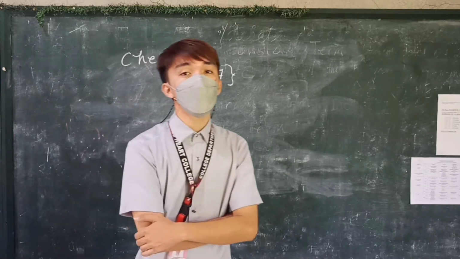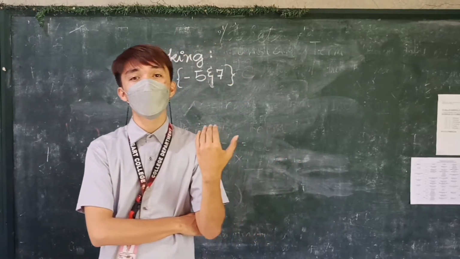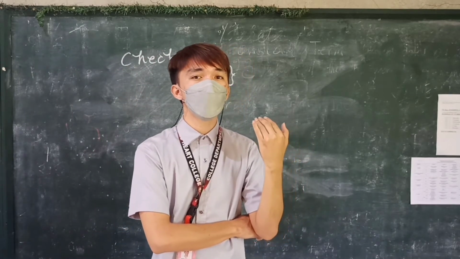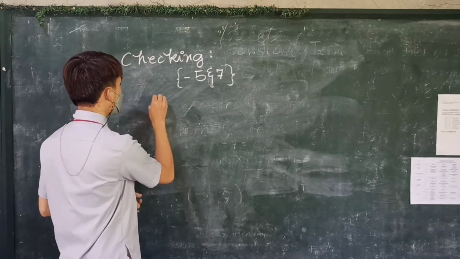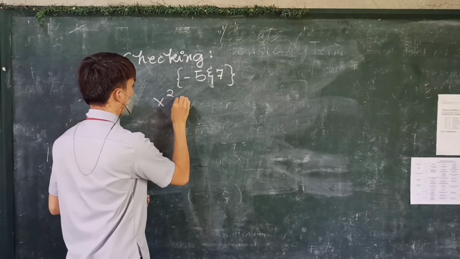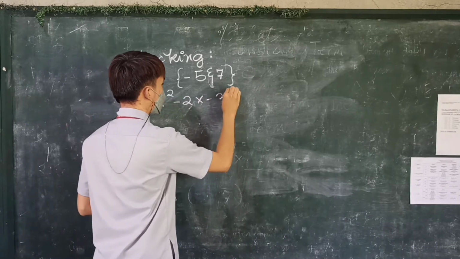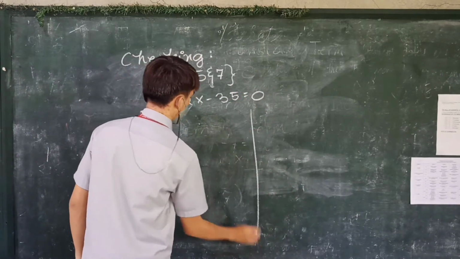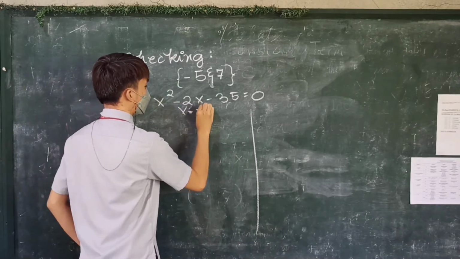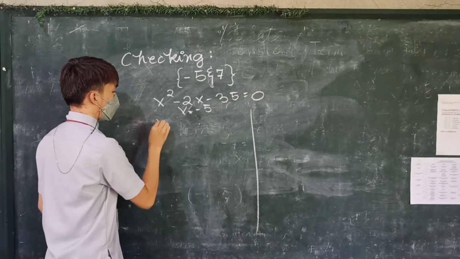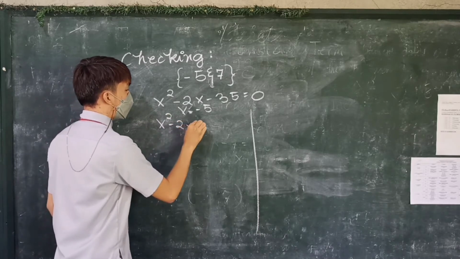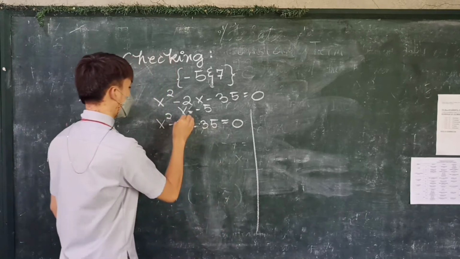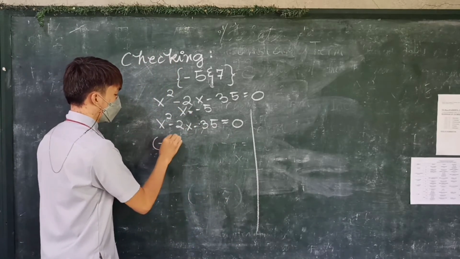Next is to check if these roots really satisfy the equation. So we are going to use the original form of the given equation: x squared minus 2x minus 35 equals 0. Let's start off with x equals negative 5. Copy the equation, then substitute the value of x, which is negative 5.